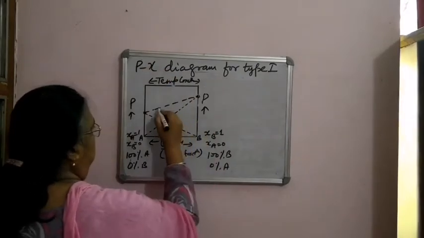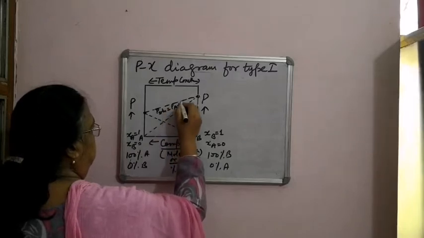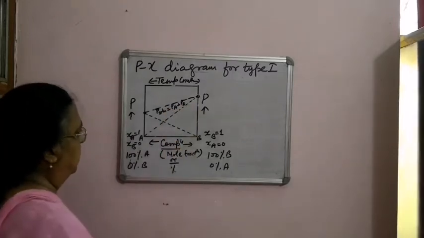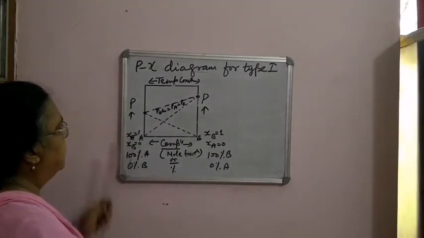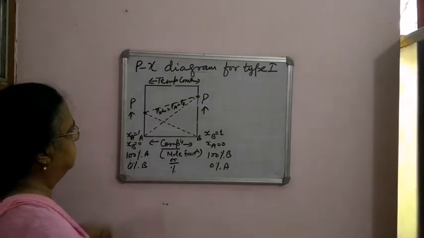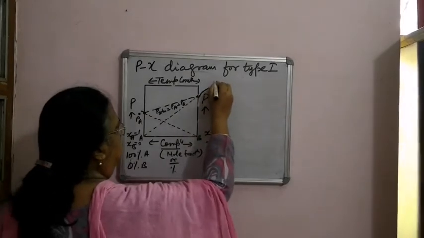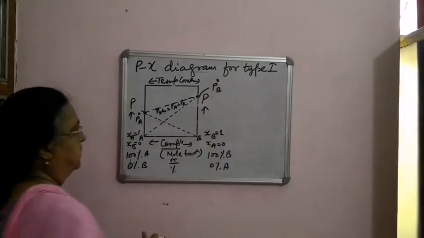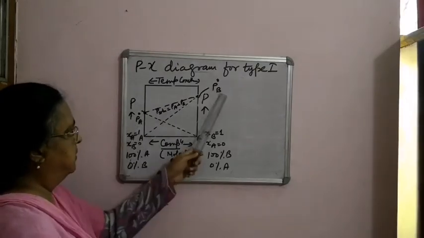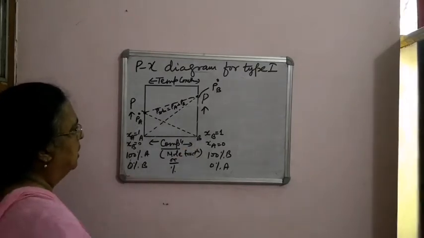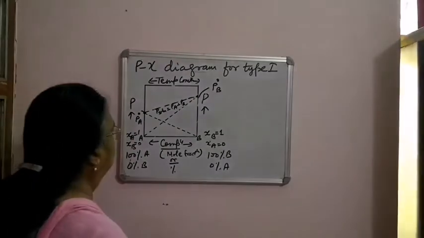So this is your P total for the solution, which is partial pressure of A plus partial pressure of B. This line is indicating the partial pressure of component A, and this point is P naught A and this point is P naught B, the vapor pressure of the pure component A and of the pure component B. And if it is a straight line, it is an ideal solution.